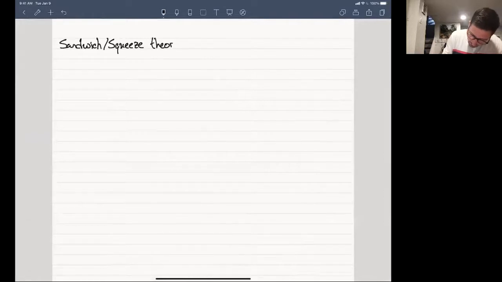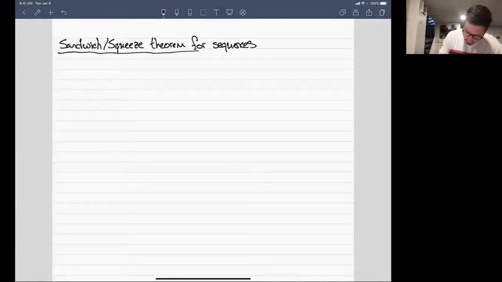And anybody from maybe some European countries, sometimes they call this the two policemen theorem. So it goes by a number of different names. I'll explain the two policemen thing in a moment. But let me write the statement here first. So the sandwich or squeeze theorem for sequences.